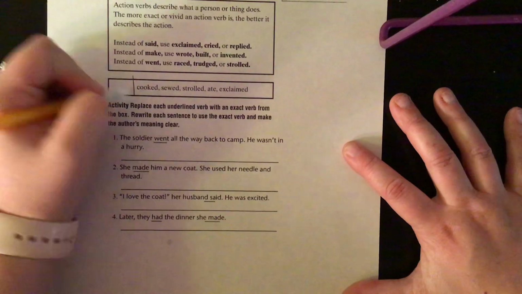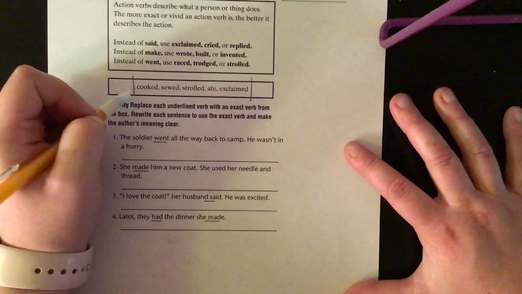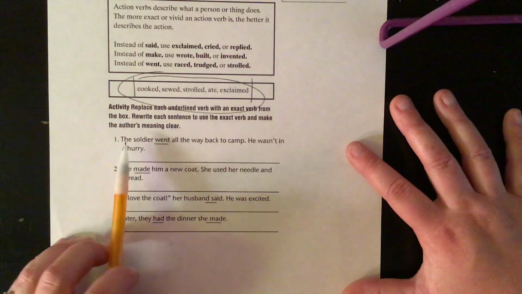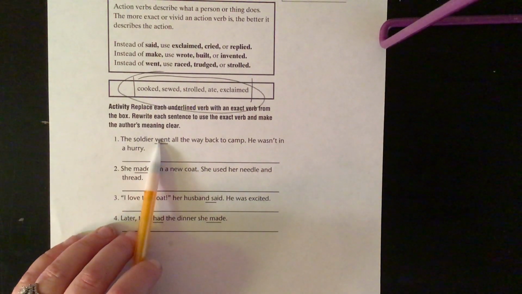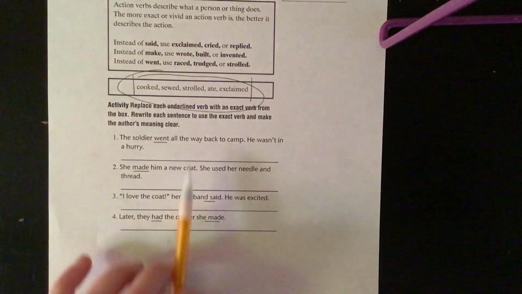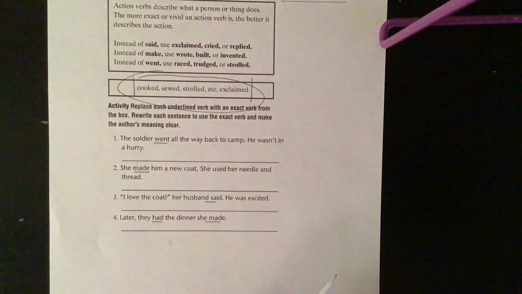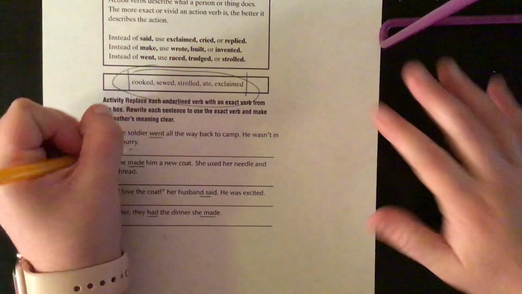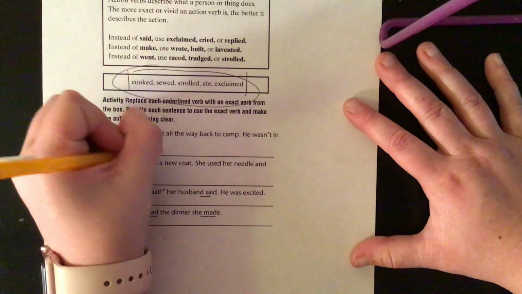So here's the box. The soldier went. Well, did the soldier cook? Did the soldier sew? Did he stroll? Did he eat, or did he exclaim? The soldier went, so the soldier strolled. So then you just need to write strolled on it.